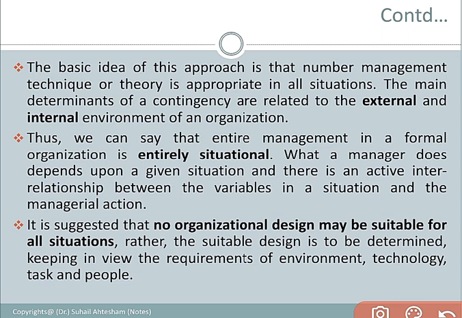It is suggested that no organizational design may be suitable for all situations, right? According to contingency theory, no one type of strategy is appropriate for solving all the problems in the formal organization. For different problems there must be different strategies.